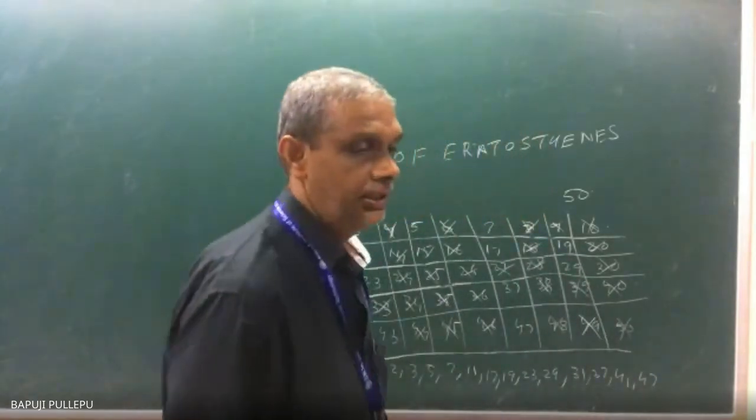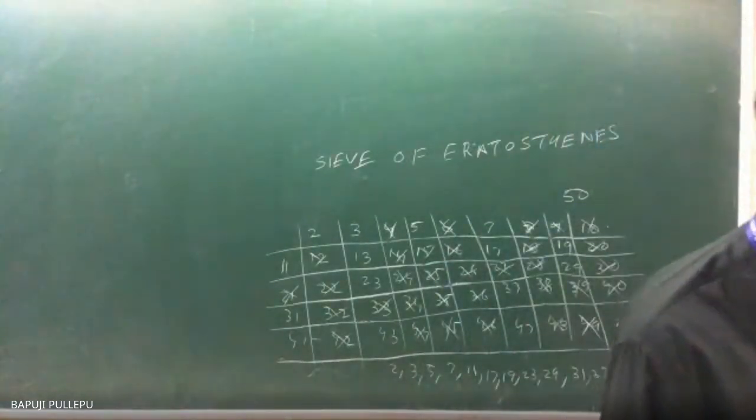These are the prime numbers less than 50.